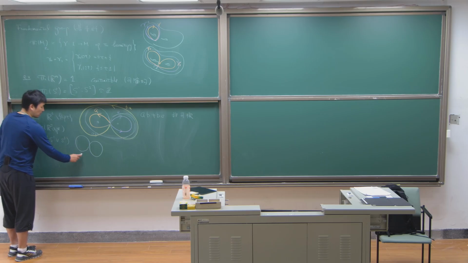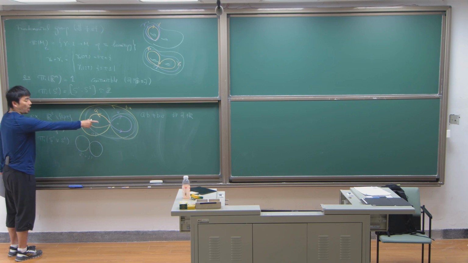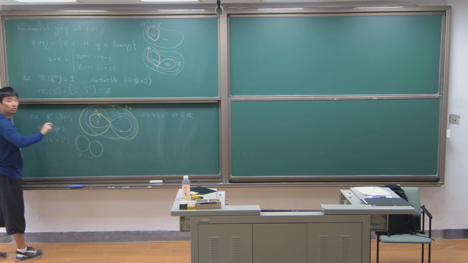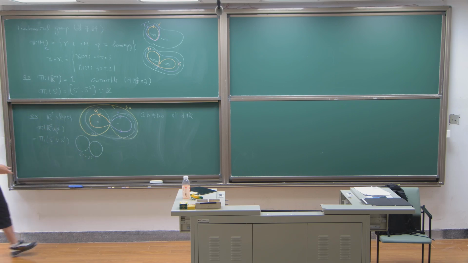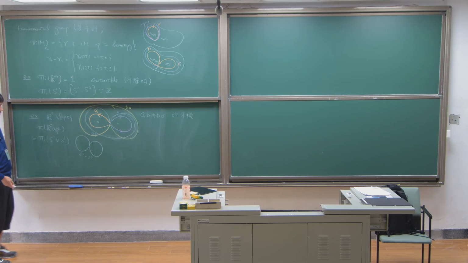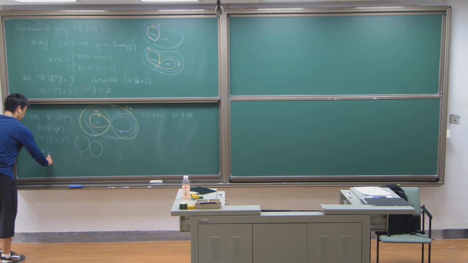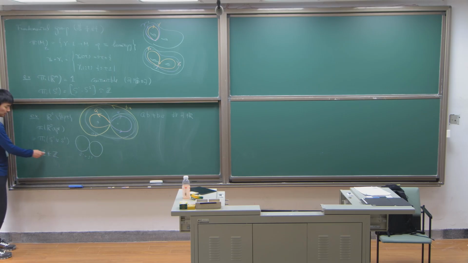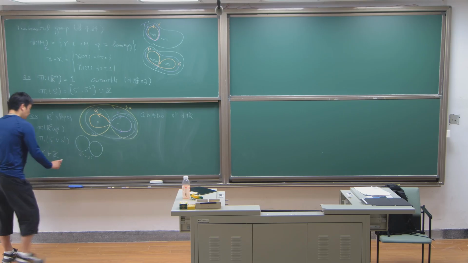So this is called S1 wedge S1. So that they are homotopy equivalent, 同伦等价. And this one is equal to, people just write the free group, Z star Z. So this is called free group.